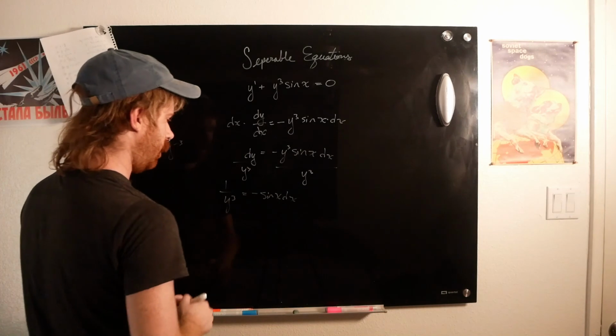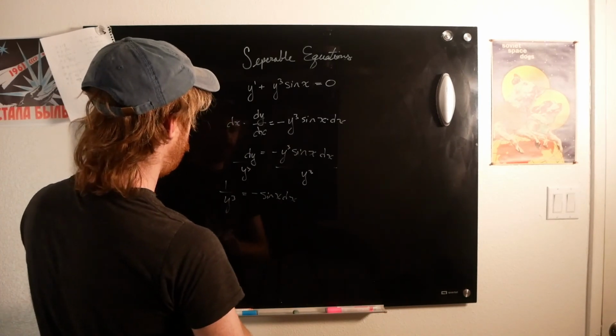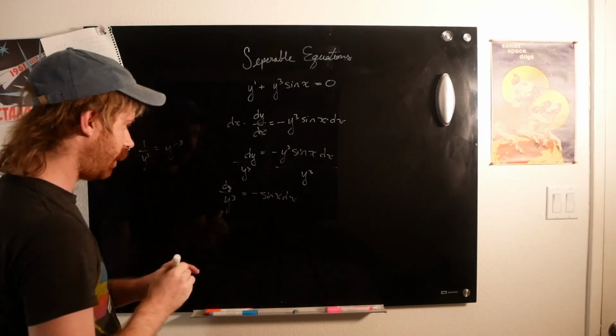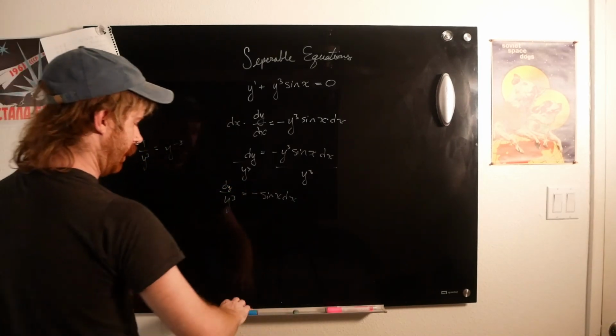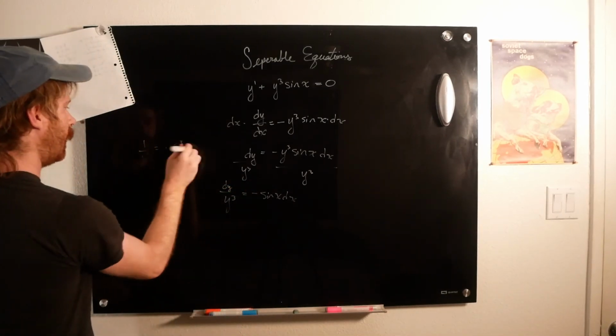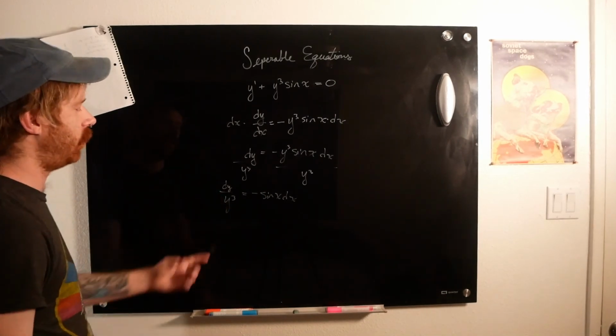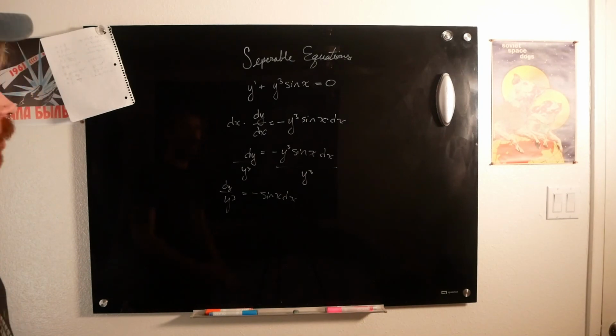Oh, whoops, I didn't leave my dy up here. Sorry, dy over y cubed. Now everything is in a form where we can integrate both sides and find our solution.